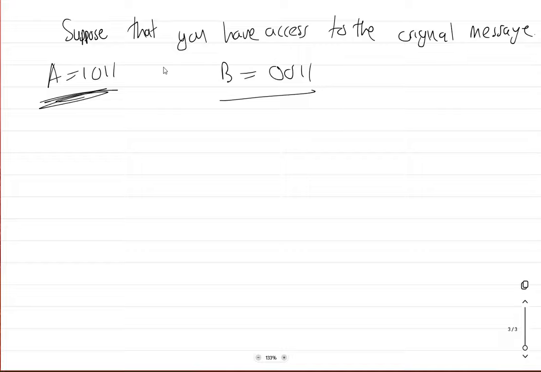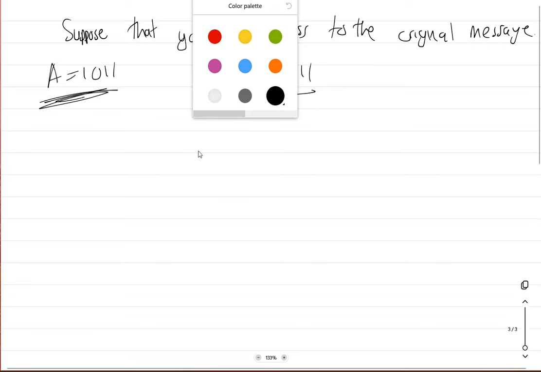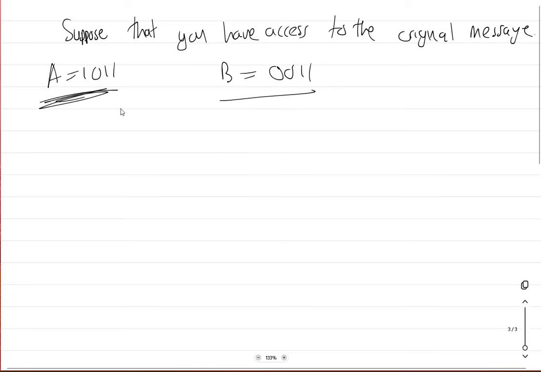We can put this more formally inside of a mathematical definition, and this is called the Hamming distance. So let's quickly go to our black marker and write down the definition for the Hamming distance.